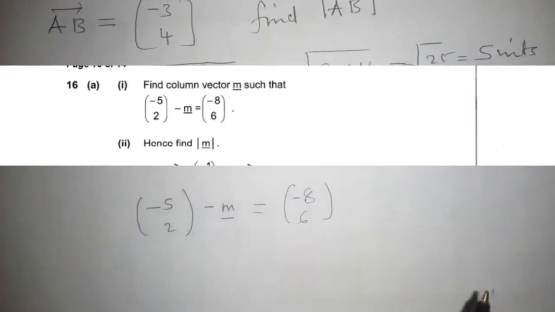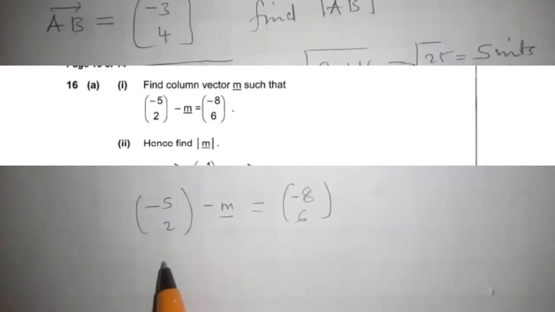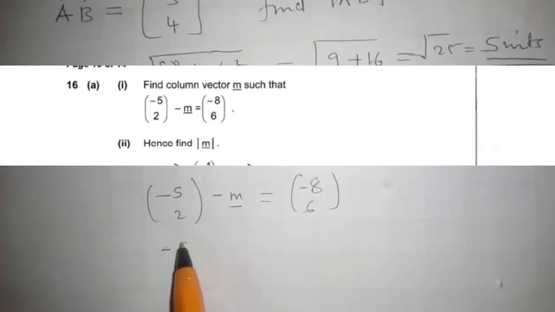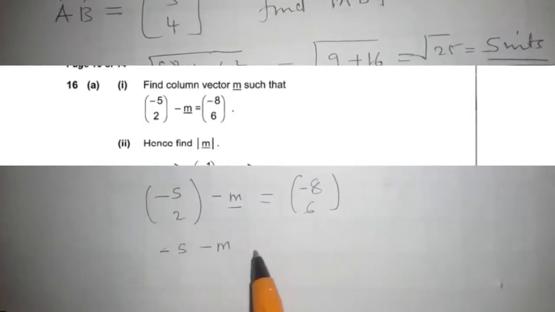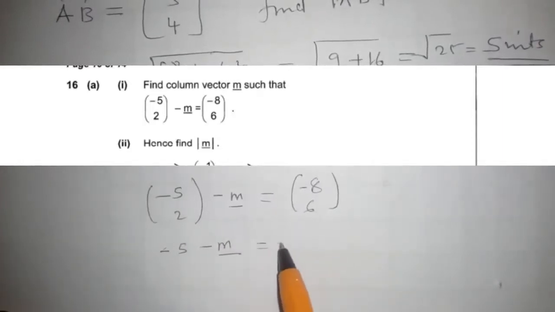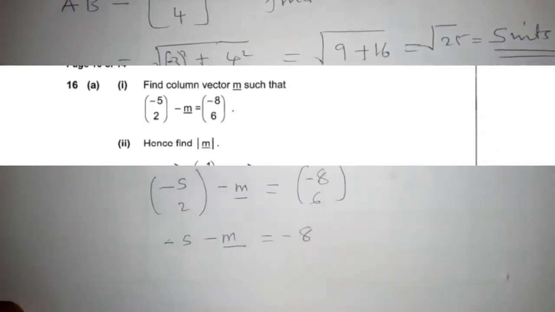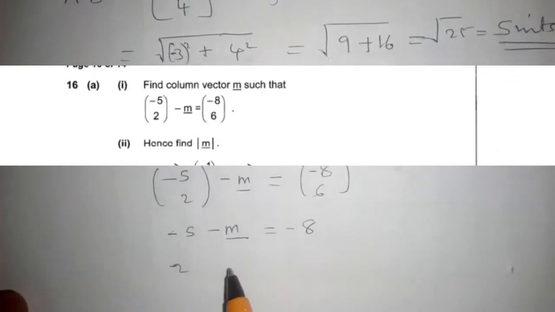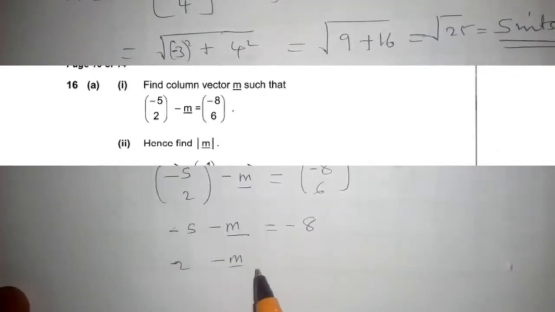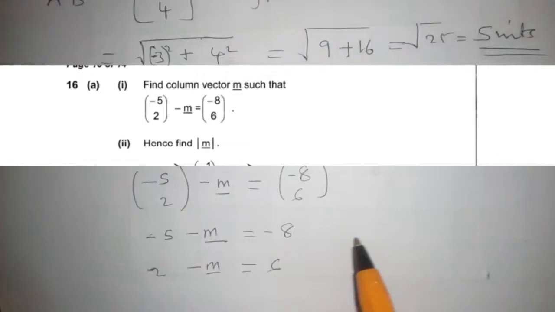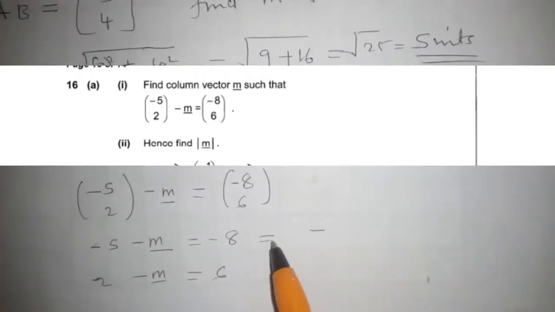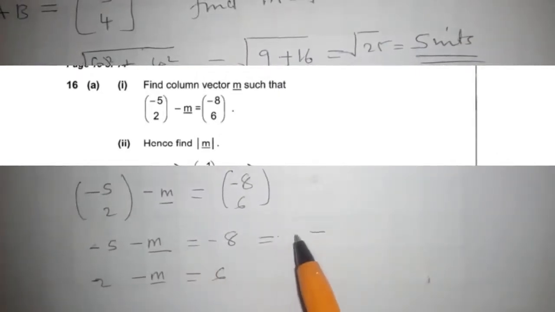So what you basically do here is just to form the equations. This would be 5 minus M is equal to -8. Another one will be 2 minus vector M is equal to 6. So we can solve these equations. I'll start with the equation on top.